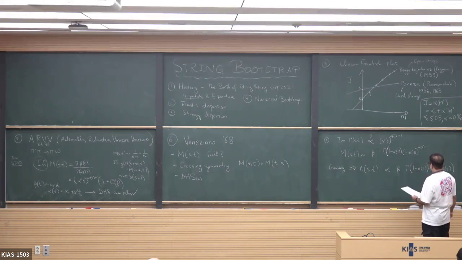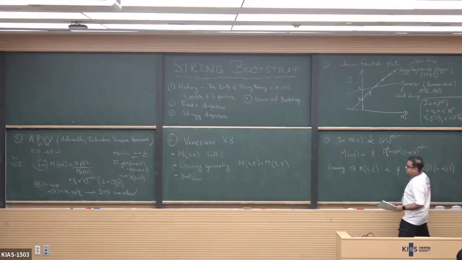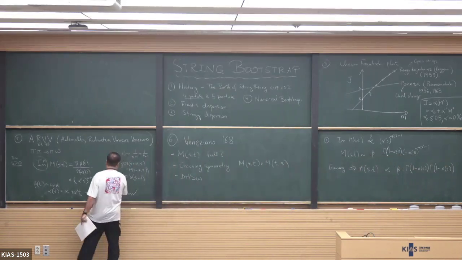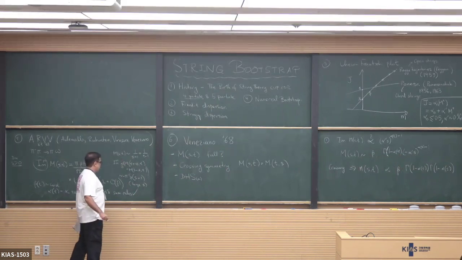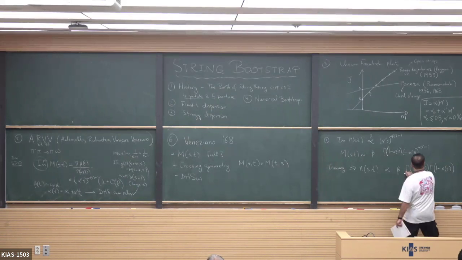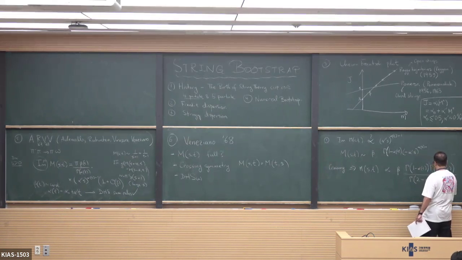But if it is proportional to this, I have to do something so as to recover this behavior in the large s limit. So I should have, this is only in the large s limit, at large fixed t. And there is a famous function called the Euler beta function, which has these properties.